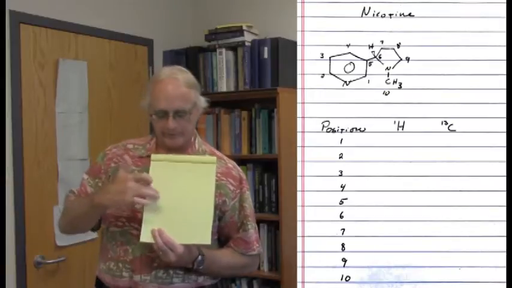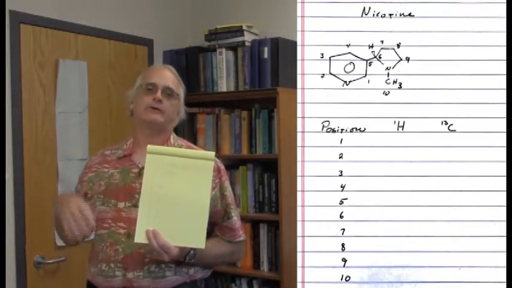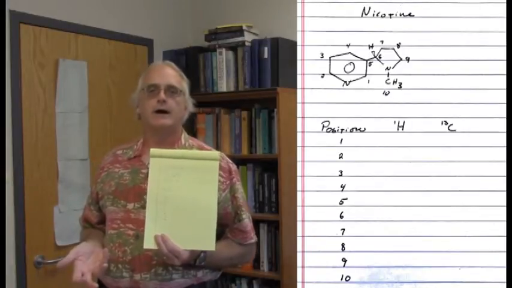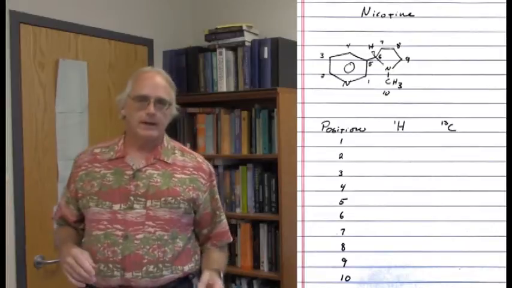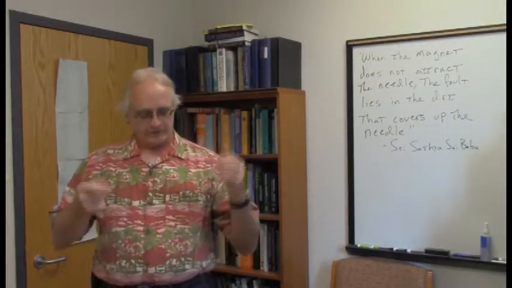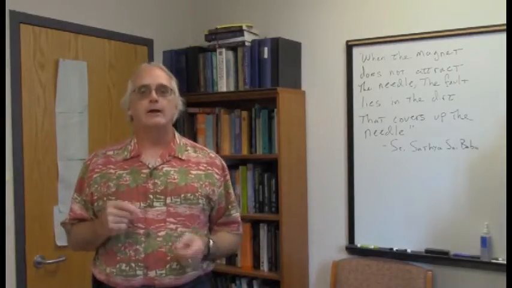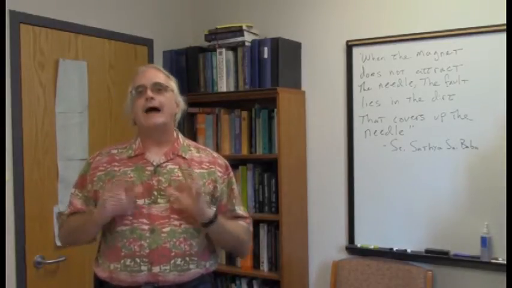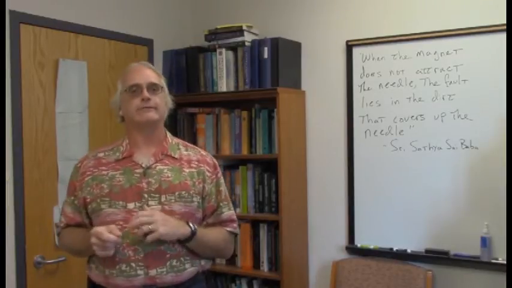Our goal is to fill in this table down here with all the chemical shifts of all the different pieces of the molecule, called a complete characterization of nicotine using its NMR spectra. You would want to do something like this if this were a natural product, like nicotine is, potentially a pharmaceutical, a biomolecule, and you're interested in how it interacts with other molecules. How does it bind to a protein, for example?